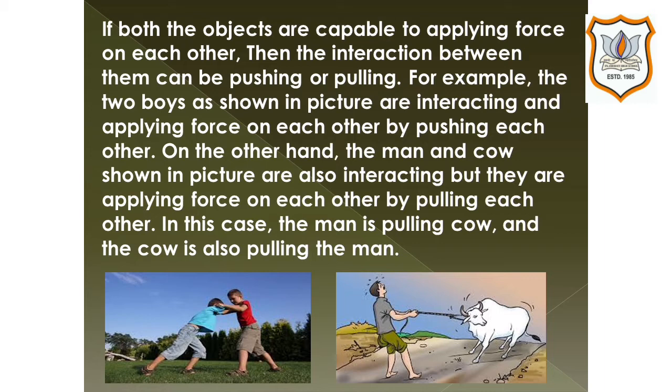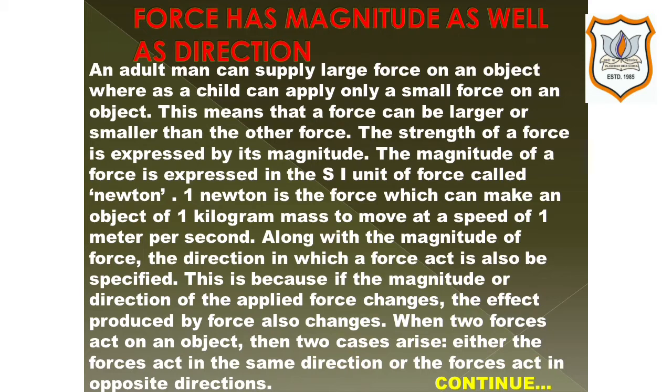On the other hand, the man and the cow, as shown in the picture, are also interacting, but they are applying force on each other by pulling each other. In this case, the man is pulling the cow and the cow is also pulling the man. So, students, you must have understood that force is due to an interaction.